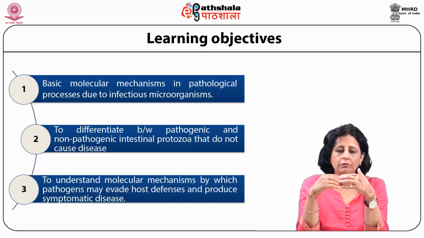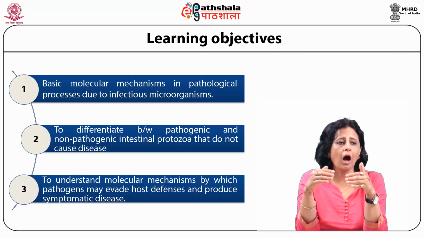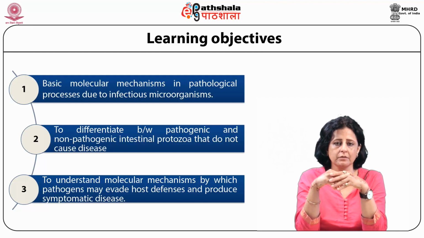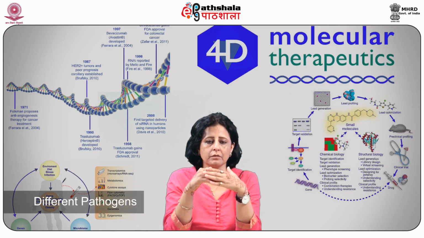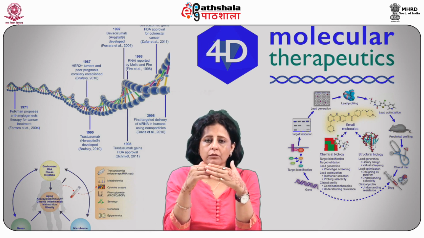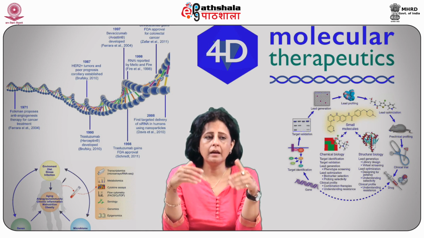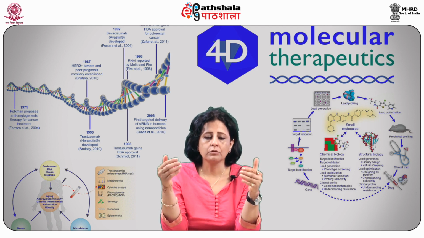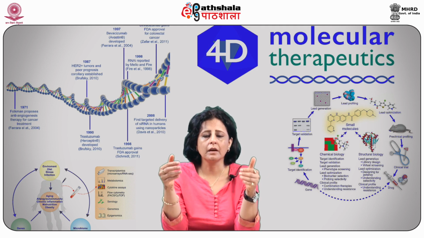This module will also teach them how different pathogens follow almost similar integrated molecular mechanisms. I am introducing the different pathogens: how the different pathogens, like the facultative pathogens and obligate pathogens, recognize and infect the host, how these pathogens colonize and then disturb the immunity.